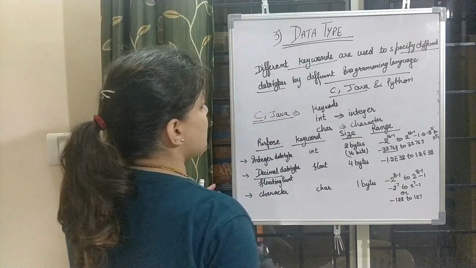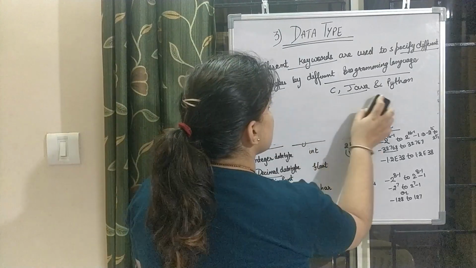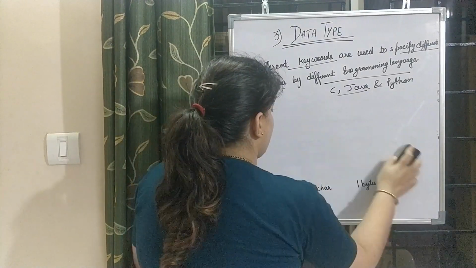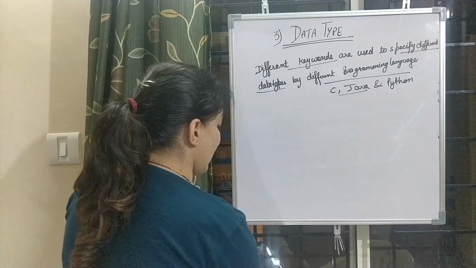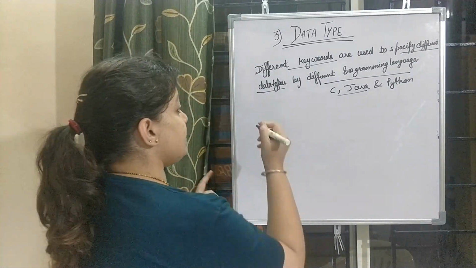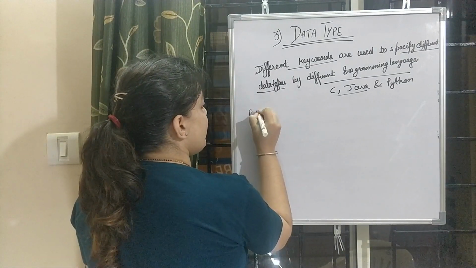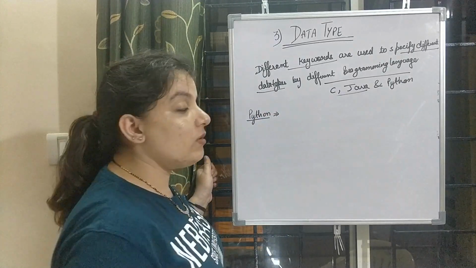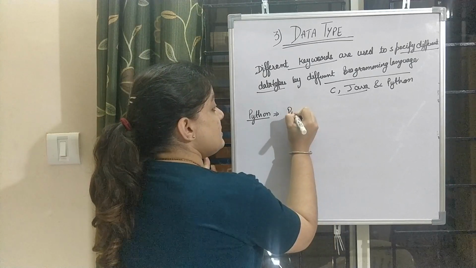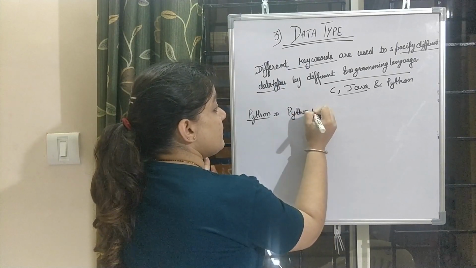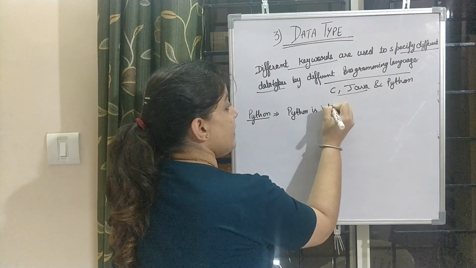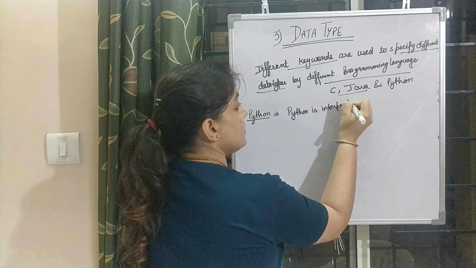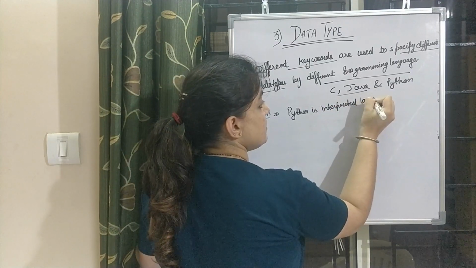Now coming to the Python programming language. As I told you, what is the first feature of Python programming language? We have discussed in our previous video, that Python is an interpreted language.